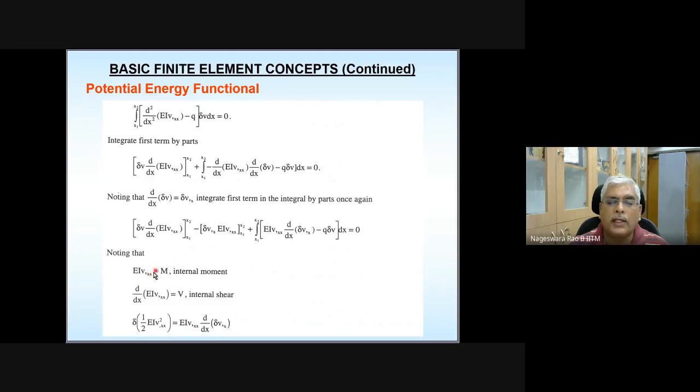Wherever this quantity is there, you substitute M, wherever this quantity is there, you substitute V, and wherever this quantity is there, you substitute this one.